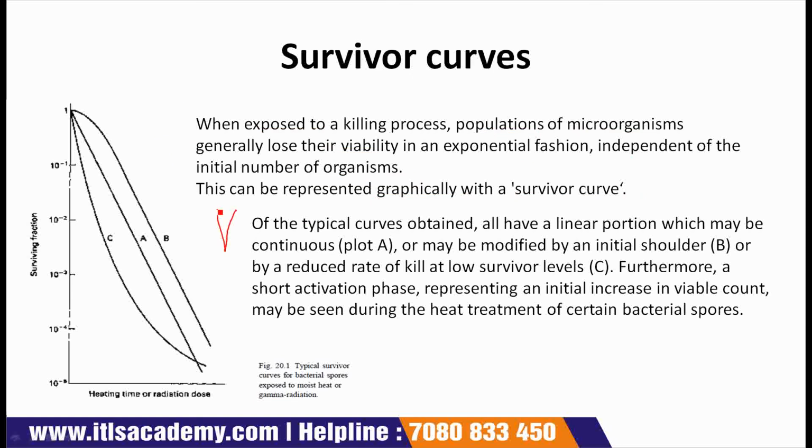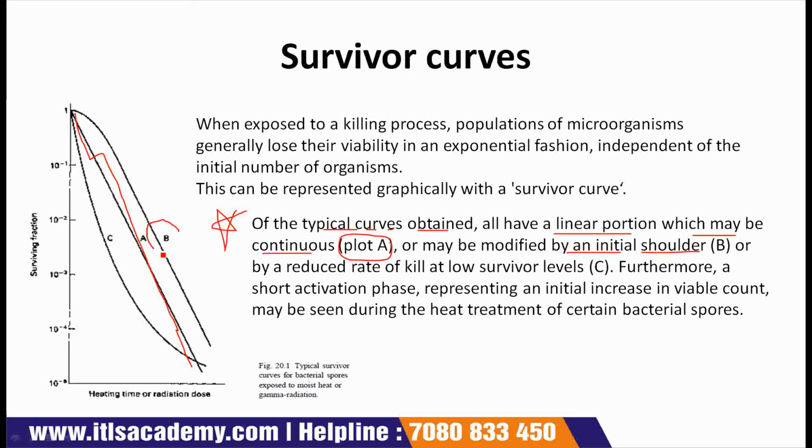Next point, of the typical curves obtained, all have a linear portion which may be continuous, like in plot A you can see this is continuous throughout the graph, or may be modified by an initial shoulder.